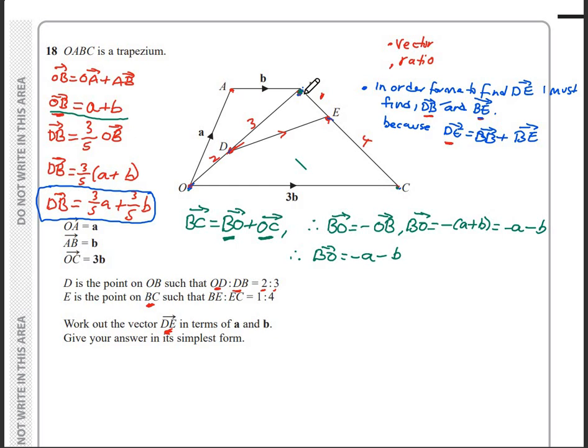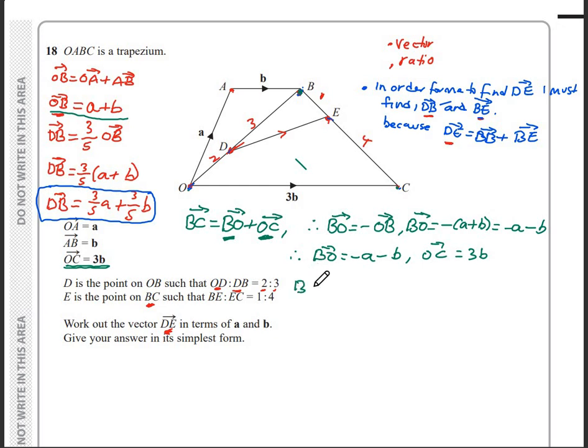Remember, I'm trying to find BC. In order for me to find BC, I need to find BO and then OC. I found BO, so now I need to find OC. OC is already given, it's 3B. So OC equals 3B.